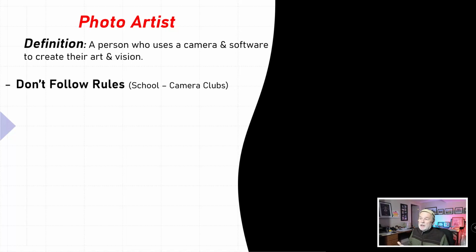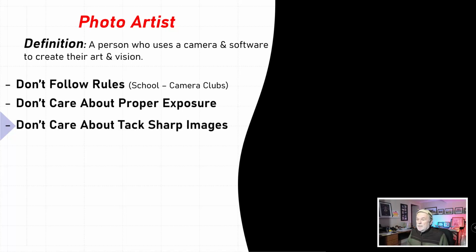As an artist, we actually follow one rule. So that's misleading. The rule that we follow is there are no rules. We don't care about proper exposure, and again, I'll give you examples of this. We don't care about tack sharp images. Again, I'll give you an example of this. We don't care about high resolution.